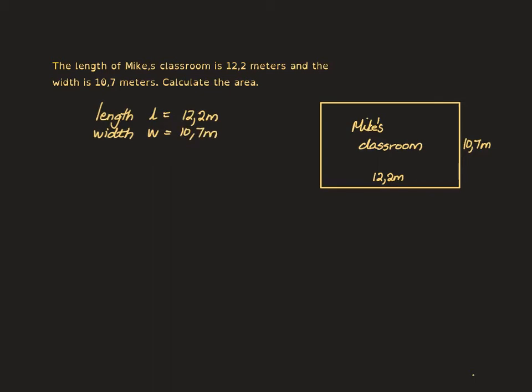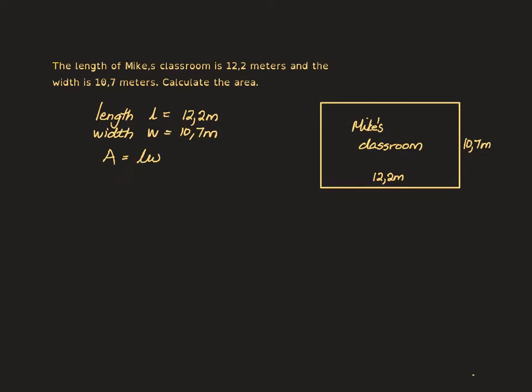The second step is to choose the formula that you need. In this case, we're looking for area is equal to length times width. Now what we have to do is substitute the measurements into the formula. L in the formula is going to be replaced by L over here, which is 12.2 meters.